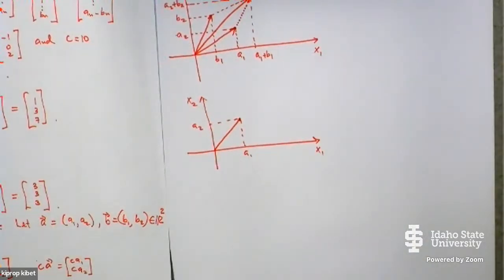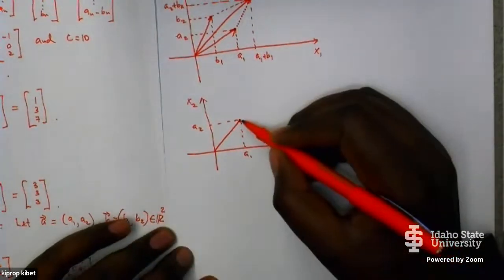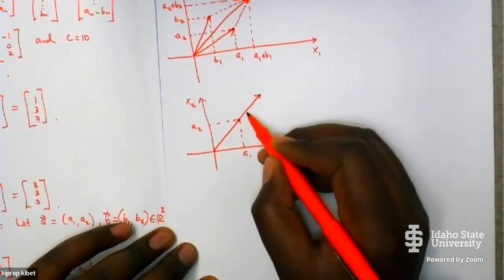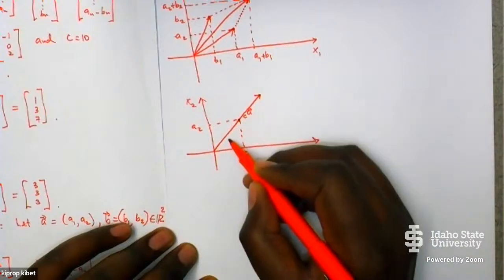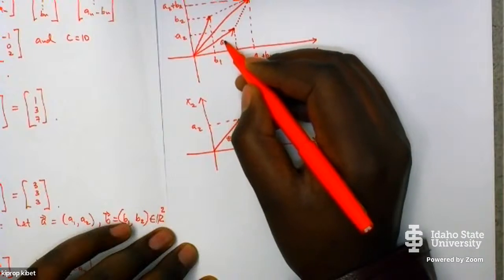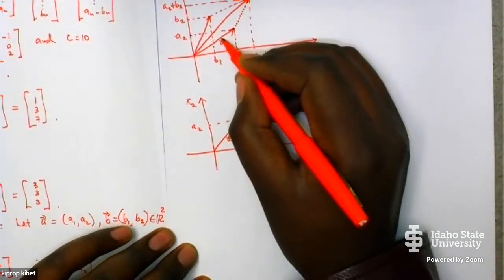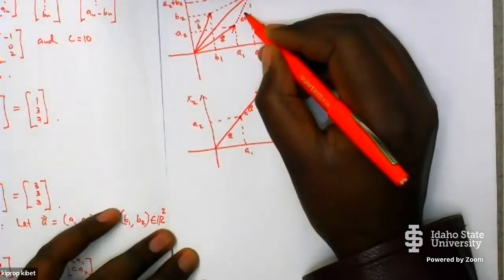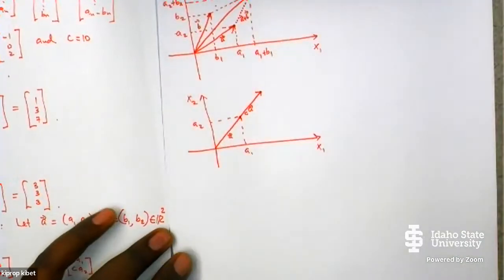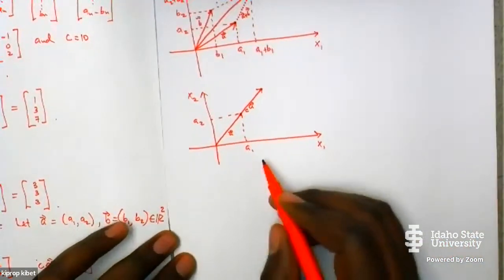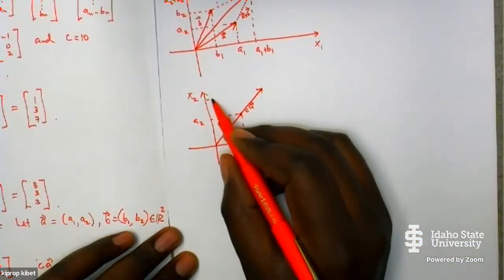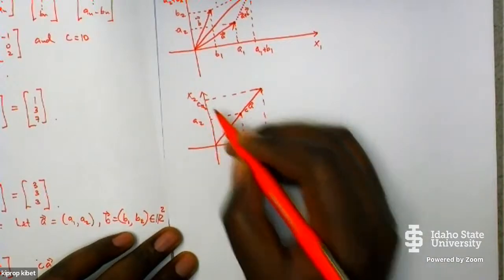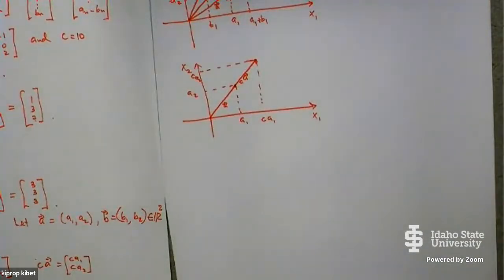If we multiply by the scalar, then it will take us up to that region here, and this one is A. So when we multiply, it is now taking us to this point, CA1 and CA2.